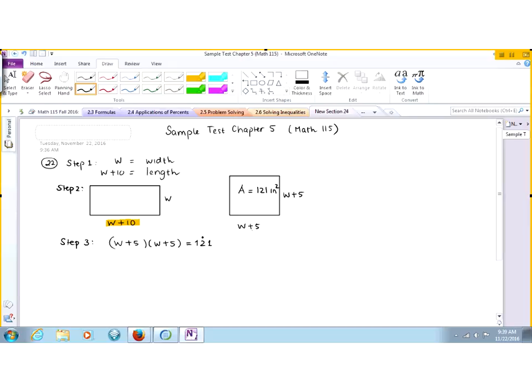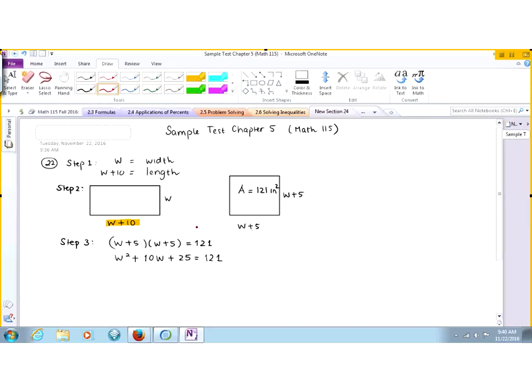Of course, you could solve for W directly, since W plus 5 is 11, so W is 6. But let's do FOIL. W squared plus 5W plus 5W, so you write W squared plus 10W plus 25 is equal to 121.